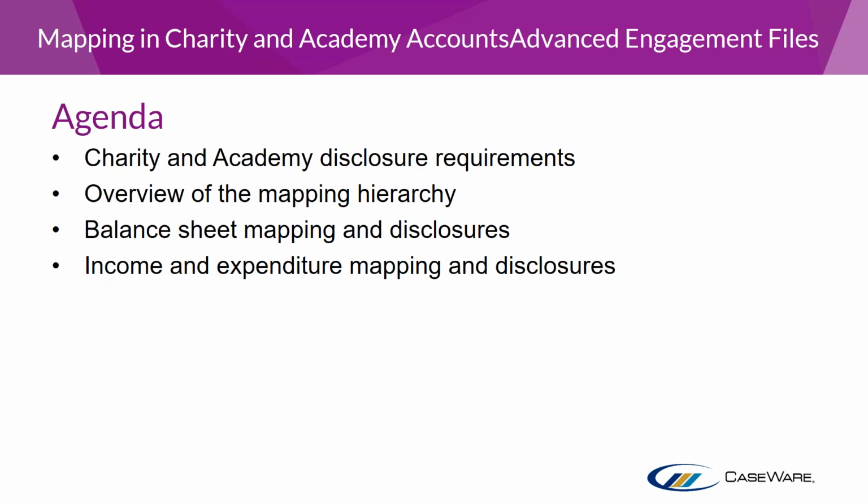I'll start with the balance sheet and the map numbers used to identify the balance sheet disclosures in a set of charity files, which is probably the simpler of the two. After that, we'll look at the income and expenditure side and how you can ensure the correct disclosures in your charity file, which is a little bit more convoluted.